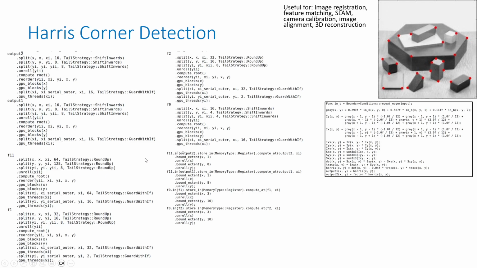So this is the power of having the autoscheduler, and you can see all the different GPU related primitives like gpu blocks, gpu threads, and you're going to have the tiling with the split. The split is basically the tiling, and you're going to have compute at some point. Some of them have compute root.